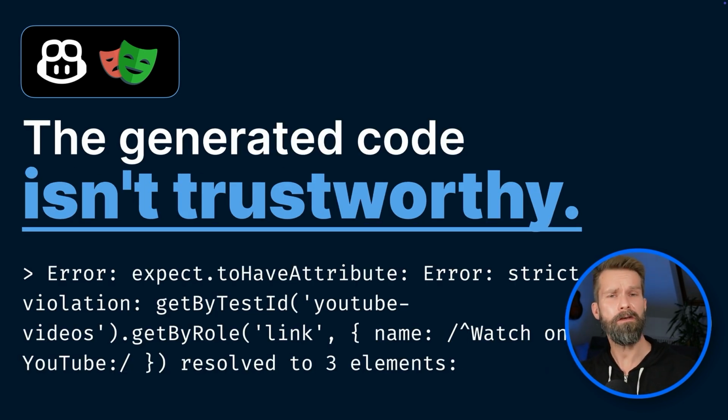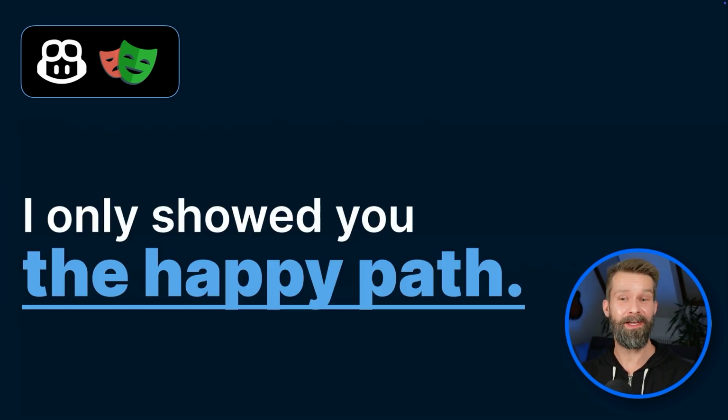And even if it looks like the AI understood your prompt, always keep in mind that generated code isn't trustworthy. And we've seen this in our quick conversation about the strict mode violation. And if you now say, yeah, well, Stefan, but that wasn't so bad. I agree. But keep in mind that this here is a prepared video, and I really only showed you the happy path. I've spent multiple hours looking for examples where Copilot could succeed generating Playwright tests.